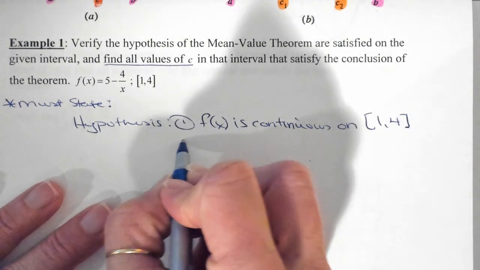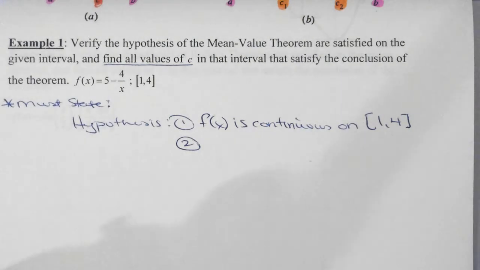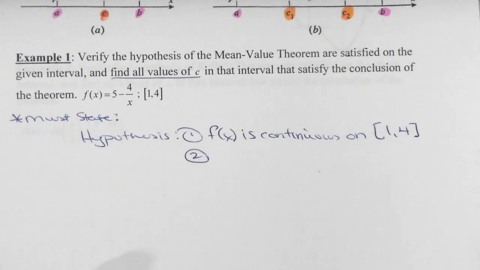In the second part, if the function is continuous on that given interval, is it differentiable? Not necessarily. Yes. Well, it would be in this case because if you think about it, this is one of those graphs that kind of looks like this, and the vertical asymptote's at 0, so you have a curve that goes this way and a curve that goes this way. So this is where you really need to know what your graphs look like, because you won't have a calculator.